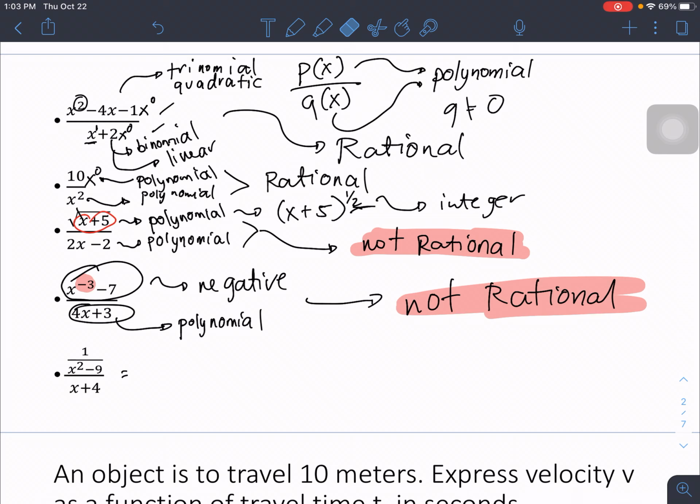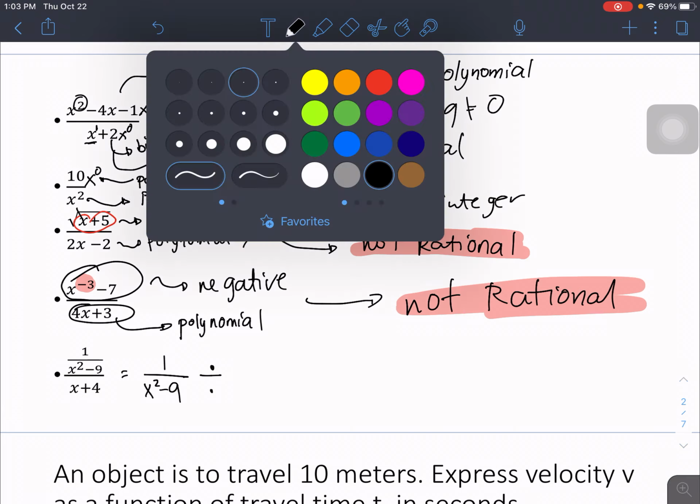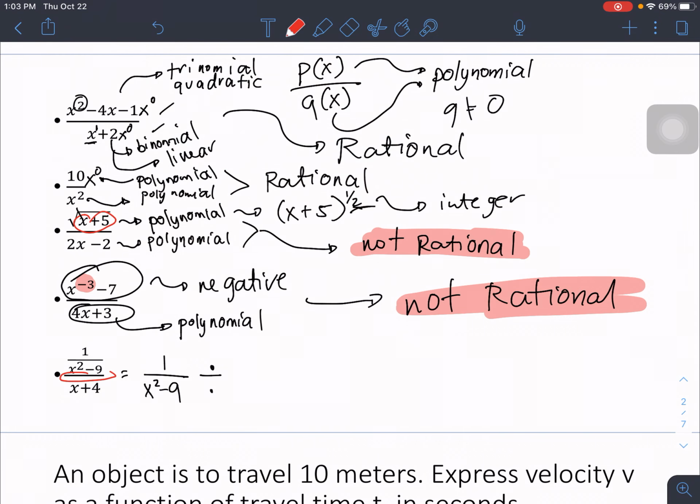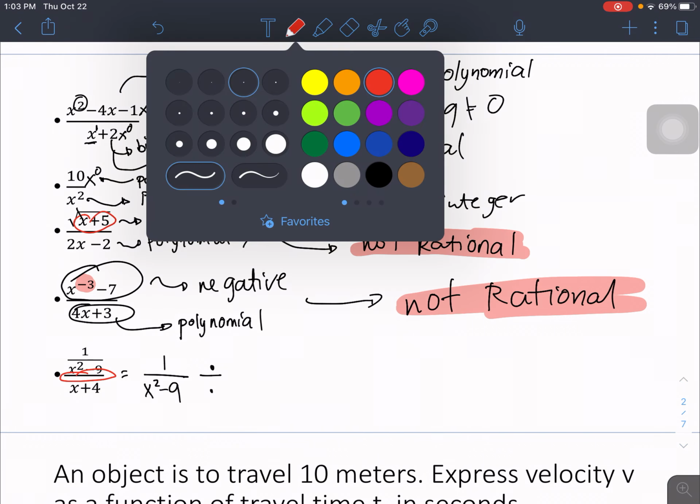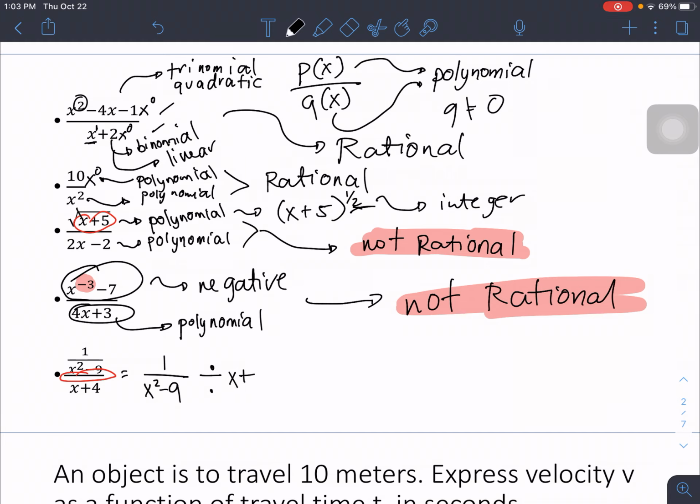So when you express this one in the division operation, this is 1 over x squared minus 9 divided by 1 over... so this will be the division part, right? This is the division part, so it means that this is x plus 4.